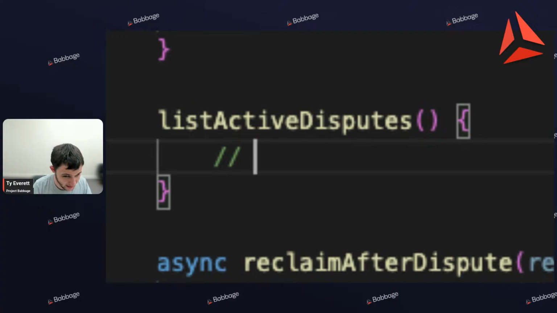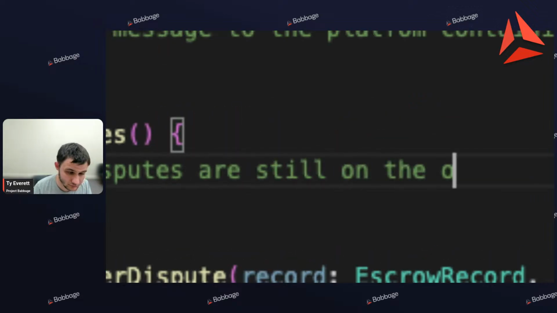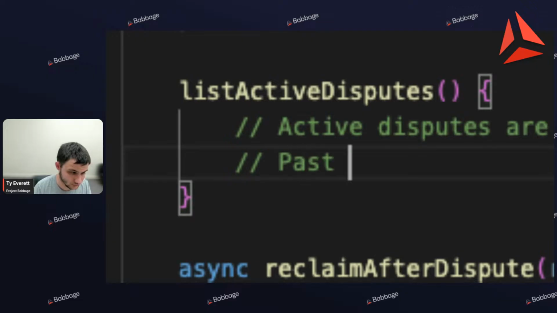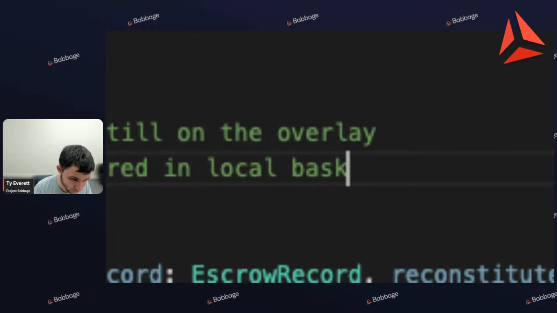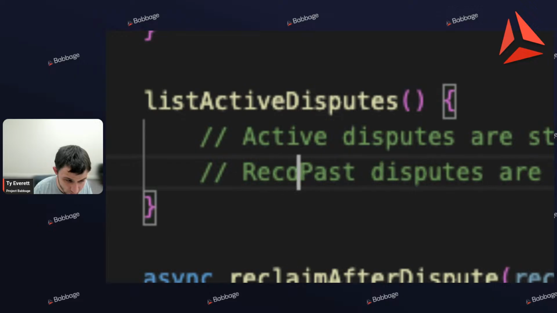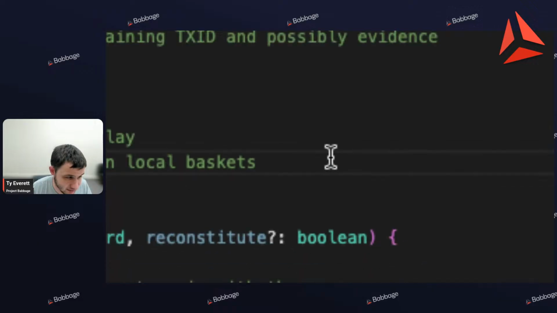The dispute is only active when... Okay, records of past disputes are stored in local baskets.